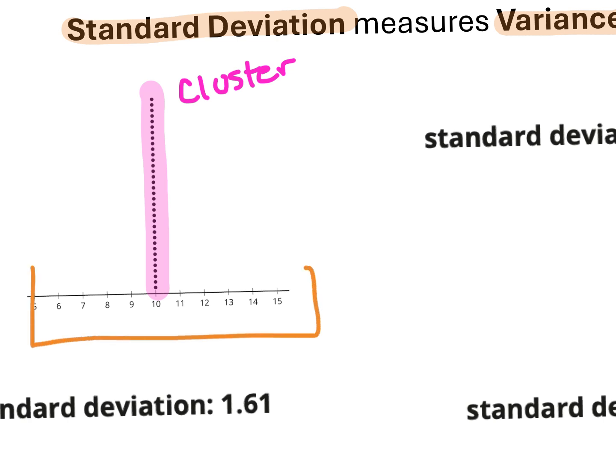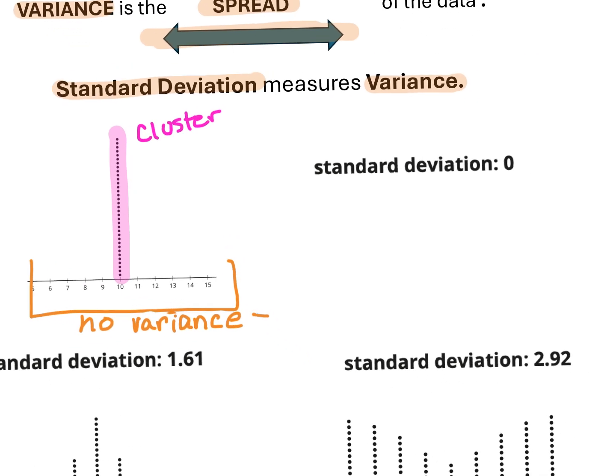So this means we have no spread. And another word for spread is variance. So since it has no variance, that means that the standard deviation will be 0.